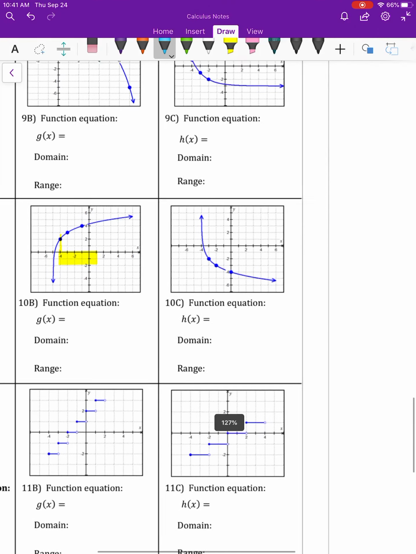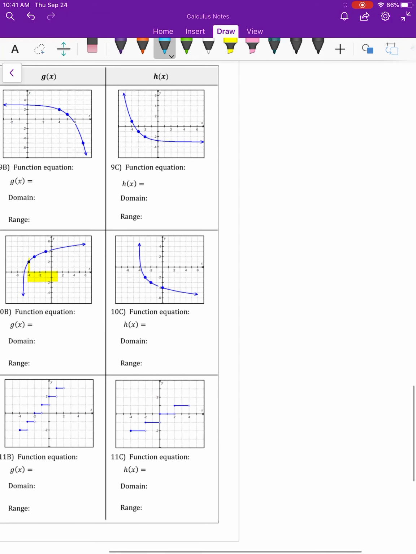What we're going to do is take our log base 2. I'll just do y equals a times log base 2 of x plus 5, because we said it went to the left 5, and up 2.